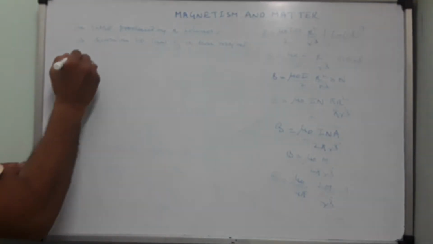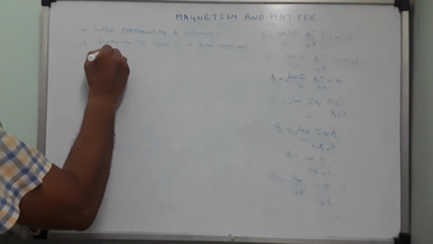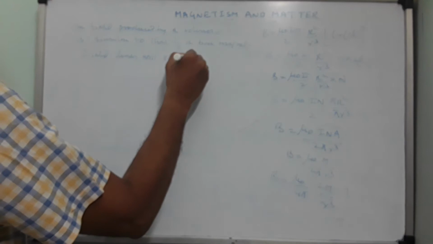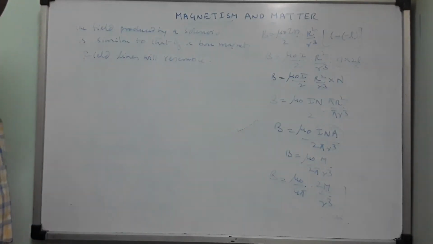So field lines resemble now. Which field lines? Field lines of solenoid and field lines of bar magnet.